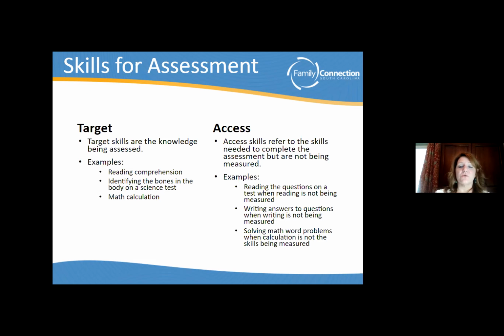Then writing answers to questions when writing is not being measured. And then solving math word problems when calculation is not the skill being measured. So sometimes accommodations like a calculator, when you're not measuring calculation, you're measuring whether the student can understand the operations instead.